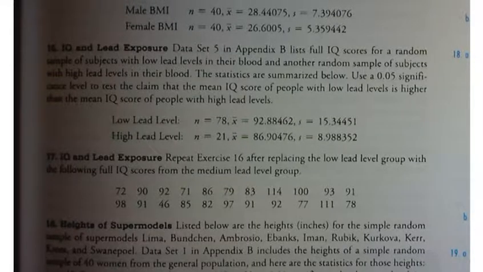Dataset 5 in Appendix B lists full IQ scores for random samples of subjects with low lead levels in their blood and another random sample of subjects with high lead levels in their blood. The statistics are summarized below. Use a 5% significance level to test a claim that the mean IQ score of people with low lead levels is higher than the mean IQ score of people with high lead levels. They've given us some summary statistics, which is nice. We're not going to have to load that ourselves. Looking at this last sentence, we test a claim that the mean IQ score of people with low lead levels is higher than the mean IQ score of people with high lead levels.